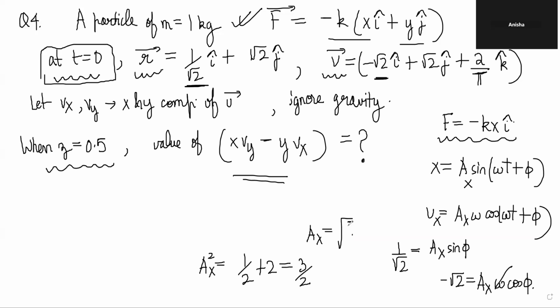So that is your Ax. Then you get sin φ and cos φ. Sin φ is coming out to be 1/√5. Now we know A, and we know φ also.